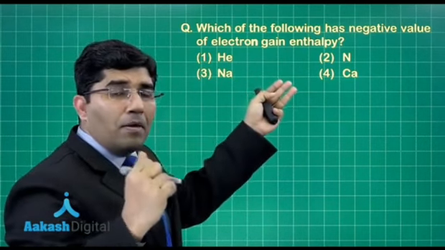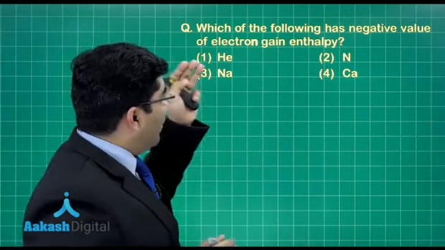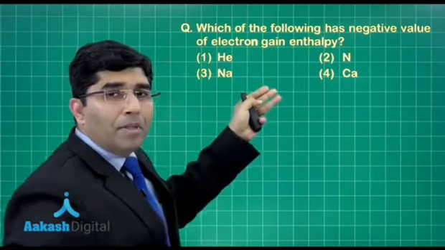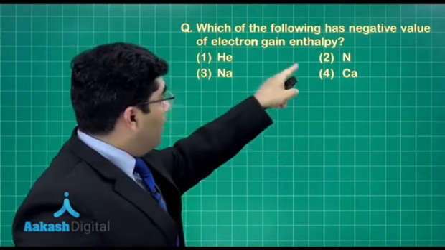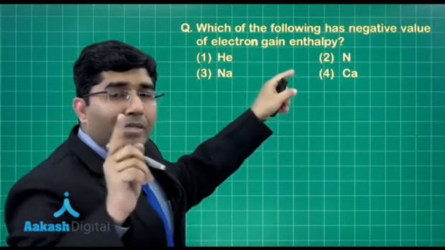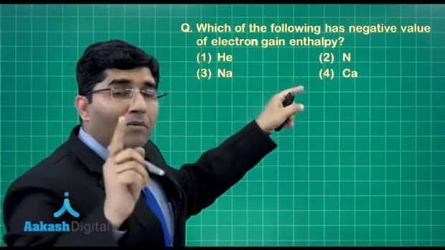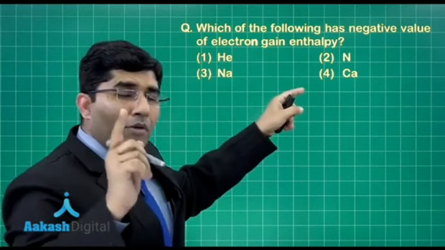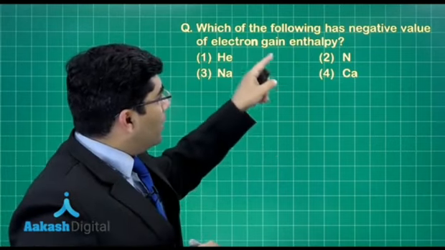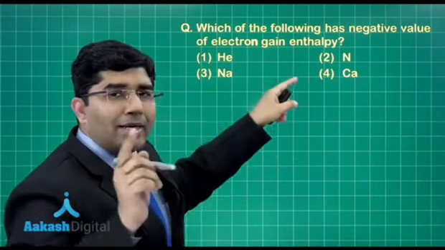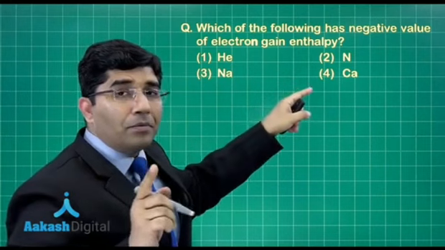Now, if this question comes in the exam, 90% of the students will tick option number 2 as the correct option, but that will be wrong. We have discussed in this lecture. So, nitrogen is not the correct option because it has a half-filled p subshell, right?